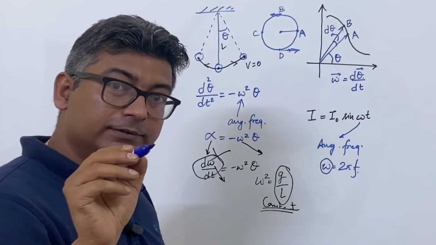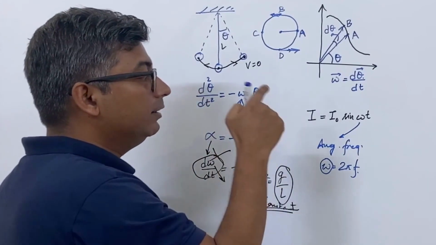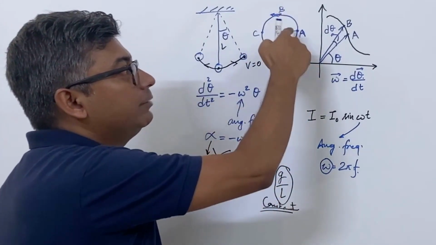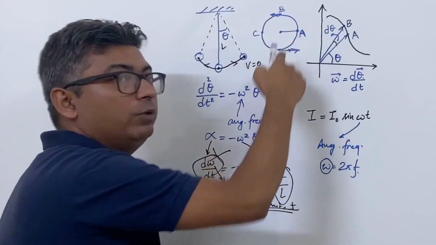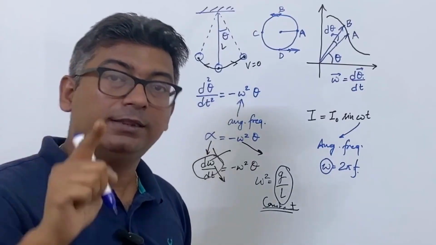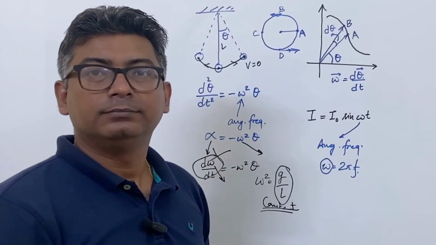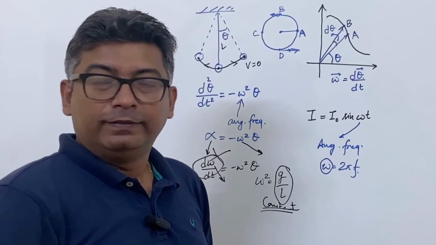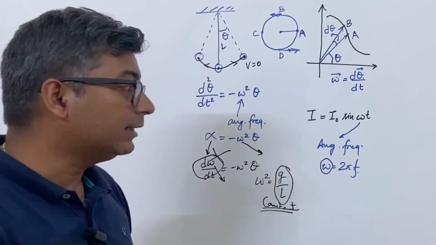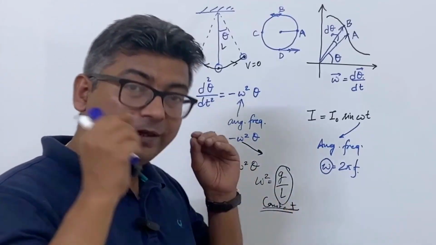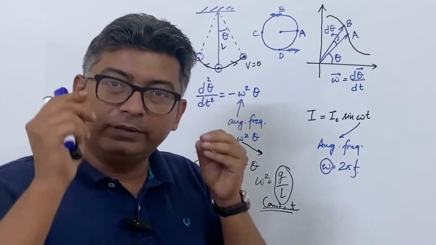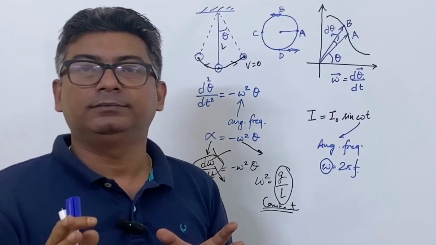But still the angular frequency of this motion, that means it starts from A, comes back to A, again starts from A, comes back to A, the angular frequency is still the same. So never make that confusion of angular velocity with angular frequency. Don't even compare. They are conceptually different.